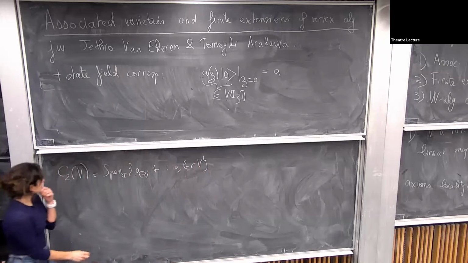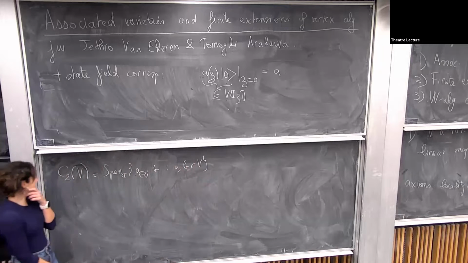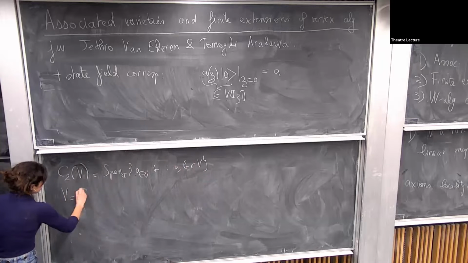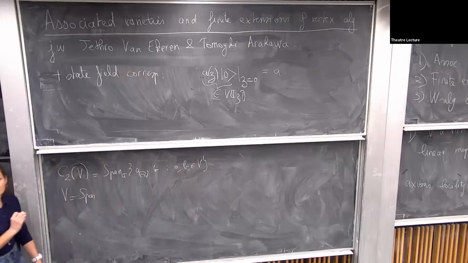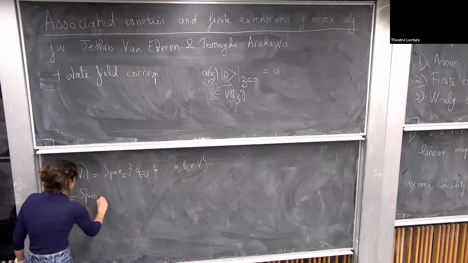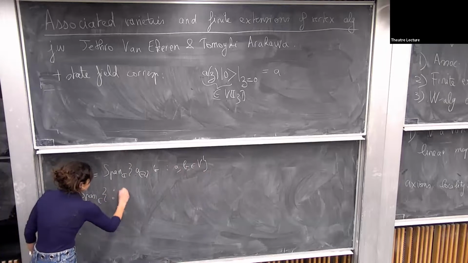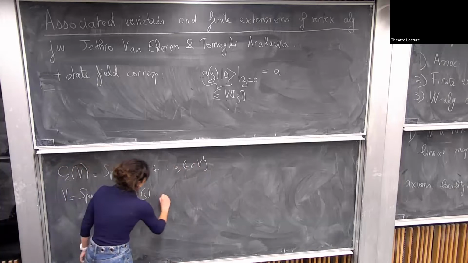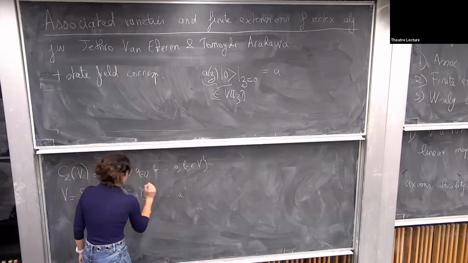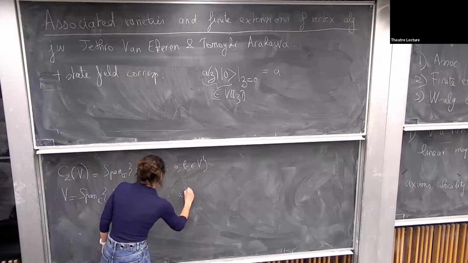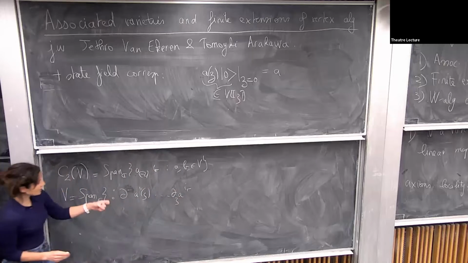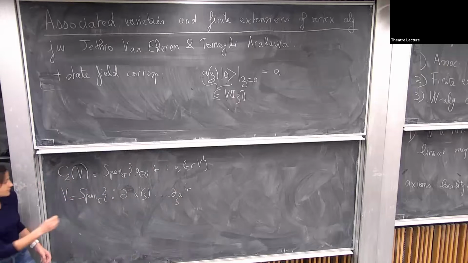In terms of fields, you can also understand this slightly differently. Assume that V is finitely generated by some fields, so there are finitely many fields, let's say A_1, ..., A_r, such that your vertex algebra is expressed just in terms of the derivatives of these fields.